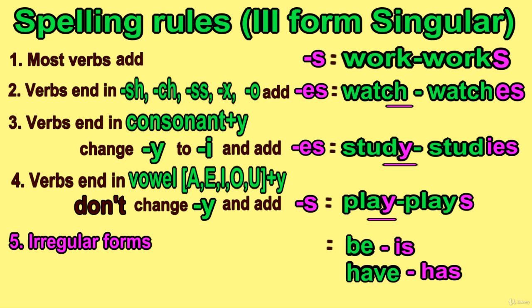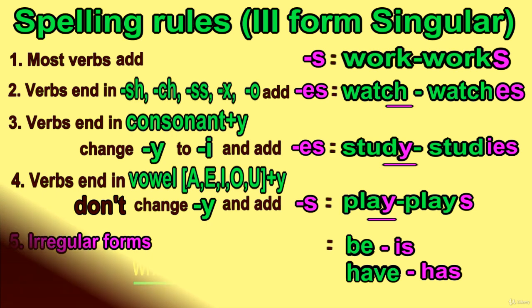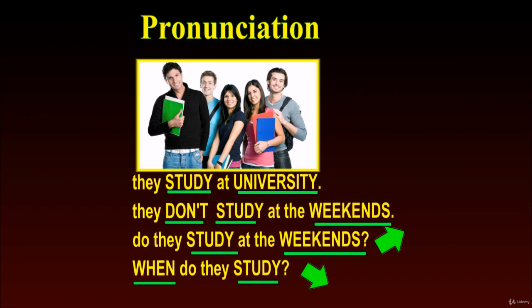For example, play, plays. Also, you have to remember the irregular forms of the verb to be, that is, and have, that is, has. And here is the way we pronounce the sentences in the present simple tense. Please repeat after me.